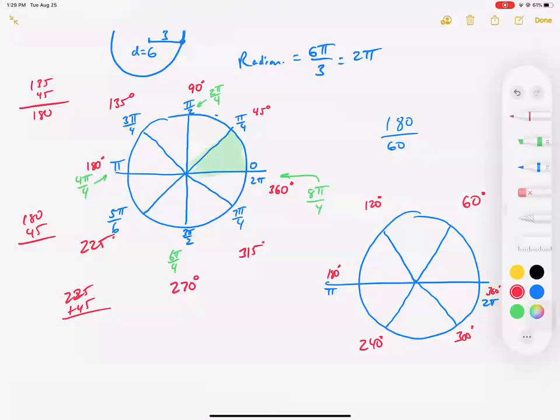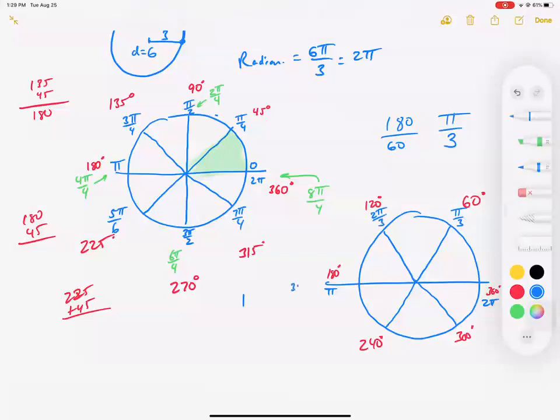Let's write this in radians. So if you remember right here, we said pi divided by 60. Now instead, we're going to look at pi divided by 3, which gives us the equivalent of 60 degrees. So there's going to be pi over 3. This is 1/3 of pi. 1/3 plus 1/3 is 2/3. 2 pi over 3.